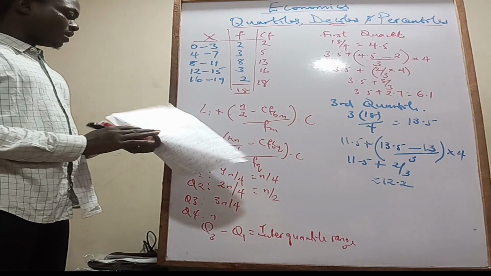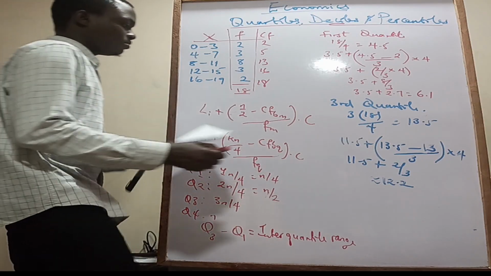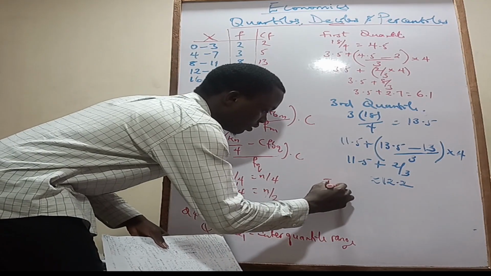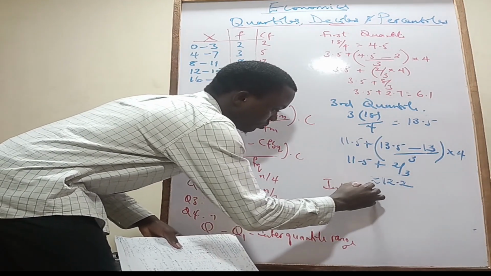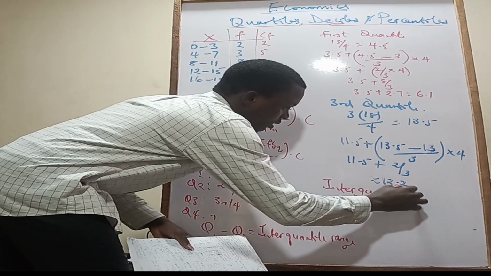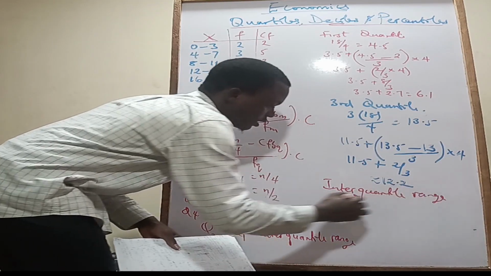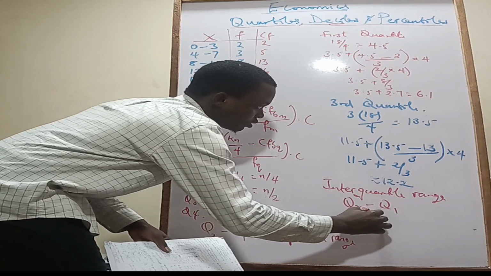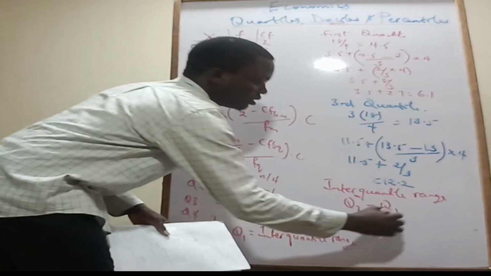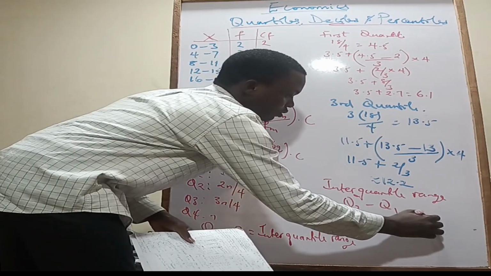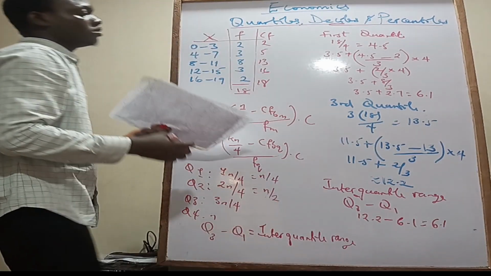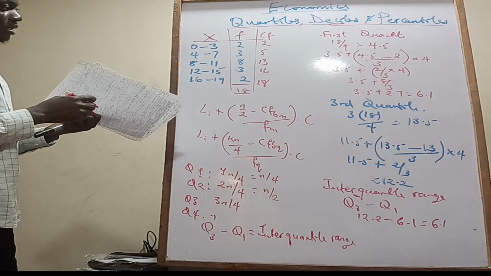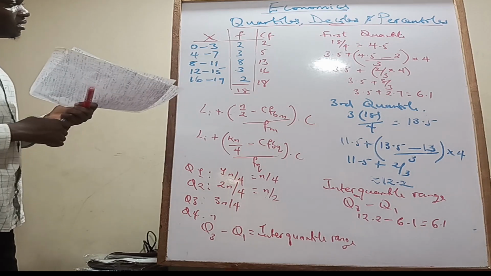So what if we are now to find the interquartile range? It's just Q3 minus Q1. So Q3 is 12.2 minus Q1, 6.1.